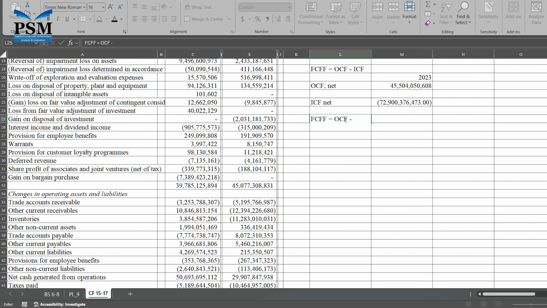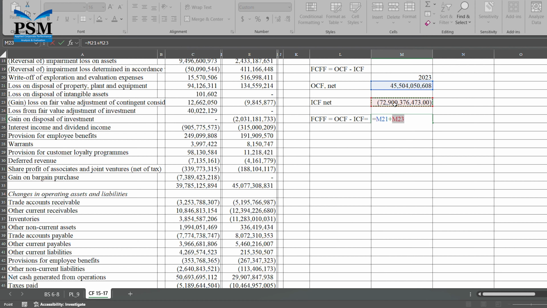OCF minus ICF. Now the minus is already there; if I write another minus, the computer will change it to positive, because minus into minus is positive. So what I'm going to do is, this is the operating cash flow, and instead of minus, I use positive.